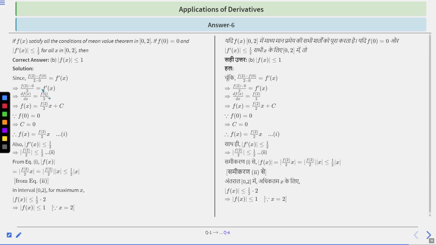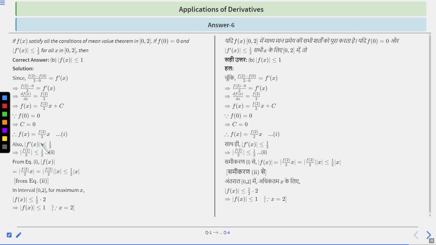Therefore f2 minus 0 upon 2 is equal to f dash x, clear. Therefore d of f x upon dx is equal to f2 upon 2, because f dash x can be written as d of f x upon dx. Therefore f x is basically f2 upon 2 x plus c. Now see, f0 is 0, clear. Therefore c is equal to 0. Therefore f x is equal to f2 upon 2 x.